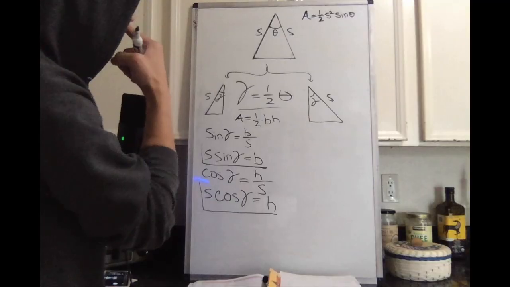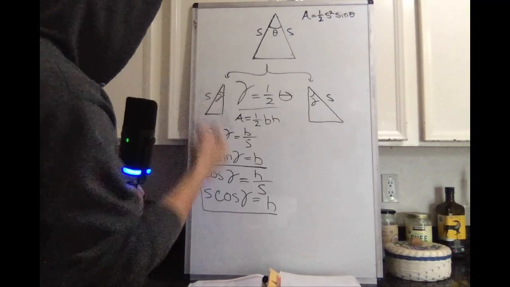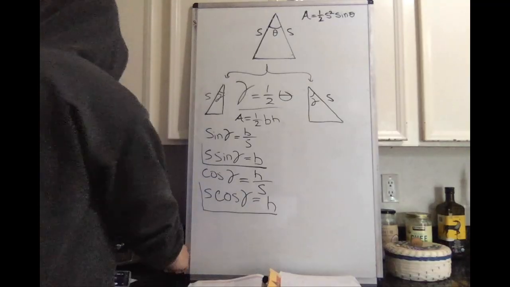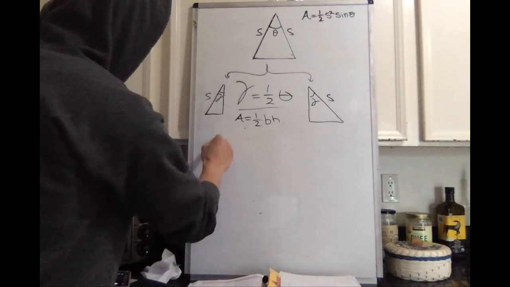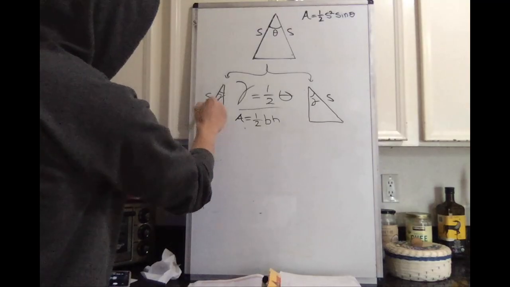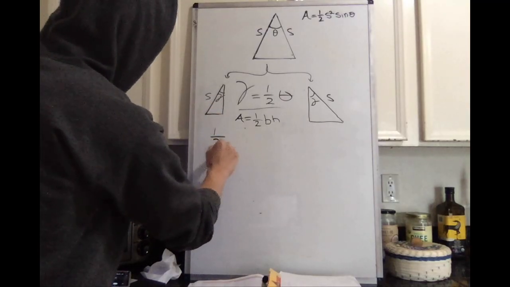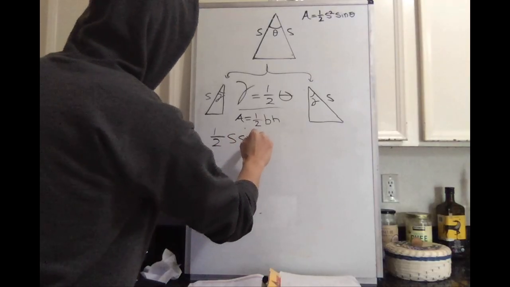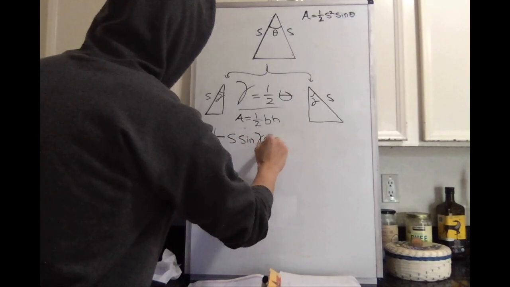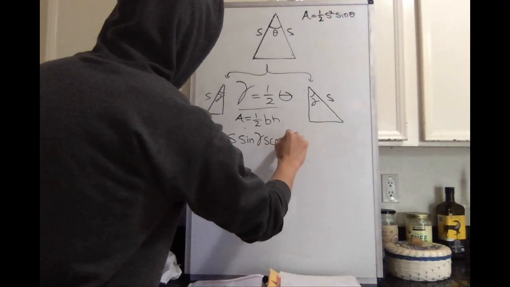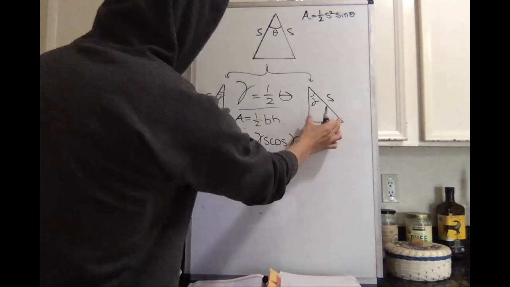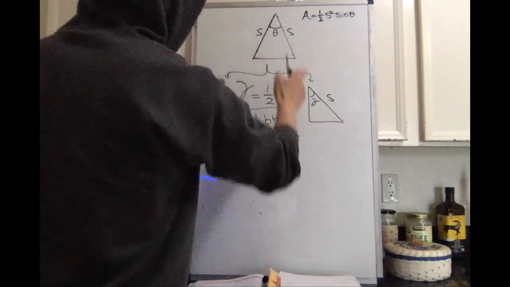So all in all, let me erase this really quick. The area of this triangle is 1/2 s sine gamma, s cosine gamma. And of course, we have to add that to the other triangle to find the area of this bigger triangle.